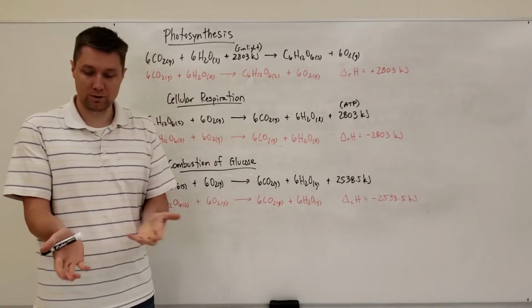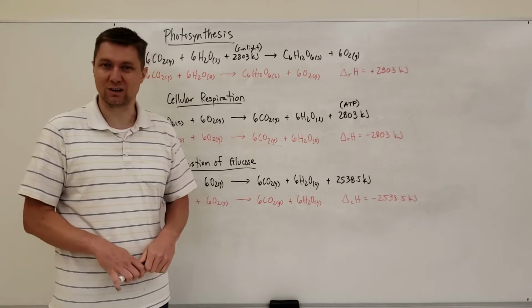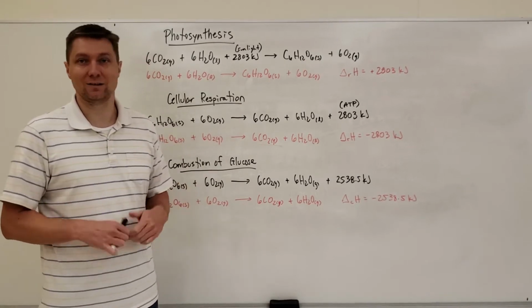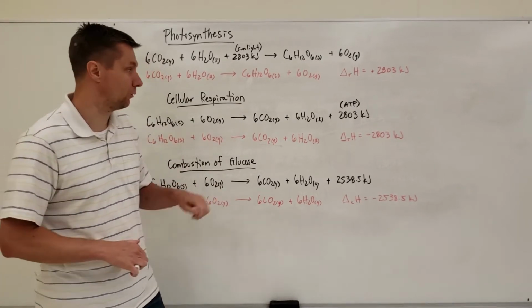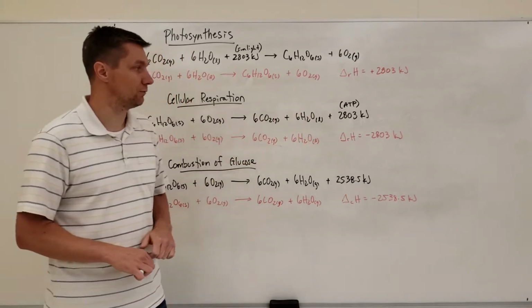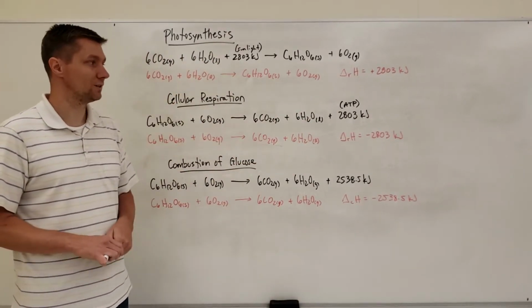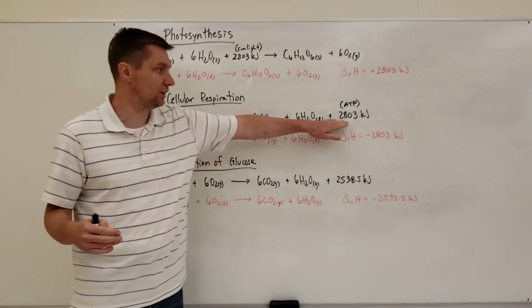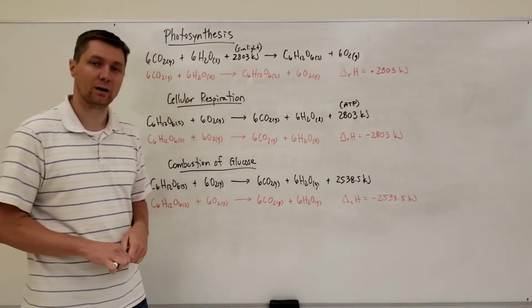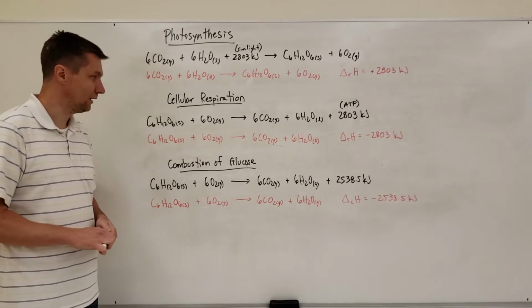It's liquid water because our body temperature is 37 degrees Celsius, which is not the boiling point of water. And then it would produce the same amount of heat that's absorbed in photosynthesis. And this is energy in terms of ATP, if you have taken a biology class that explains that.